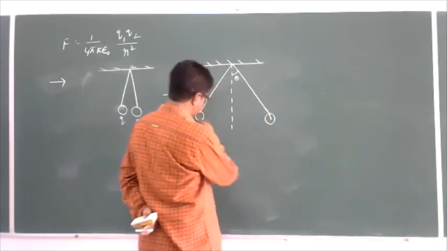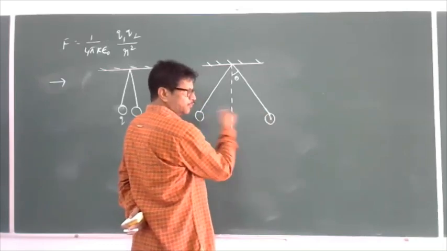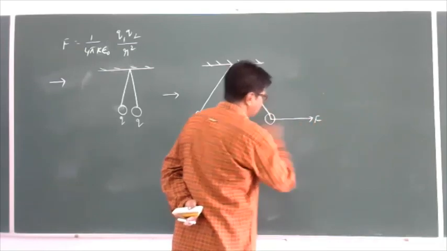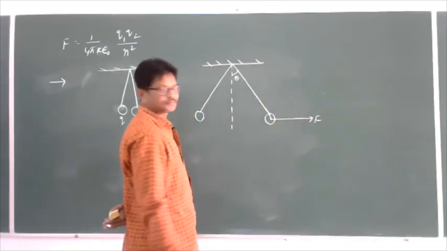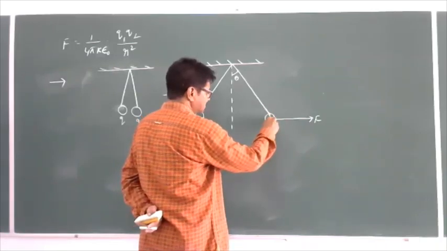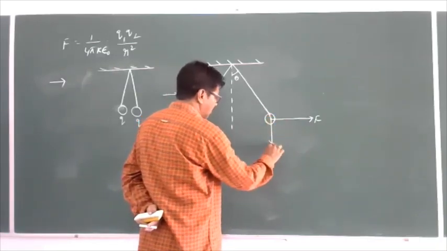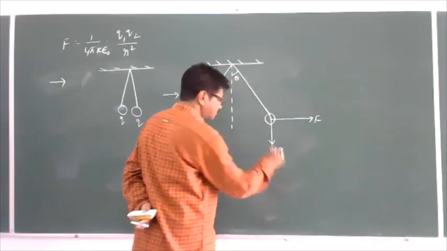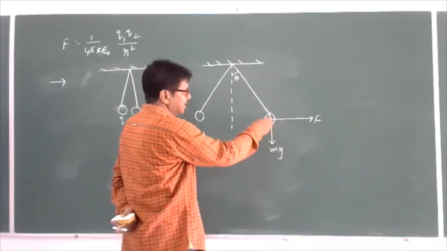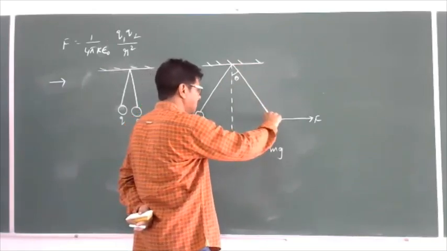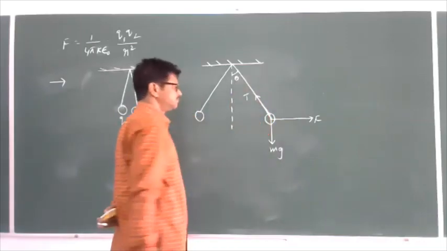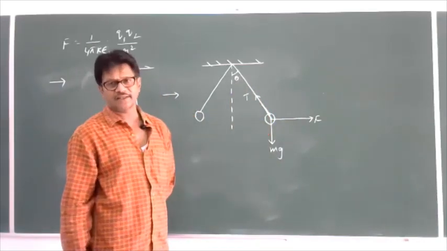First, there is a repulsive force between the two, which acts like this. Since the ball has a certain mass, the weight of the ball will act like this. Since it is a string, tension will be developed in the string, and it will act like this.